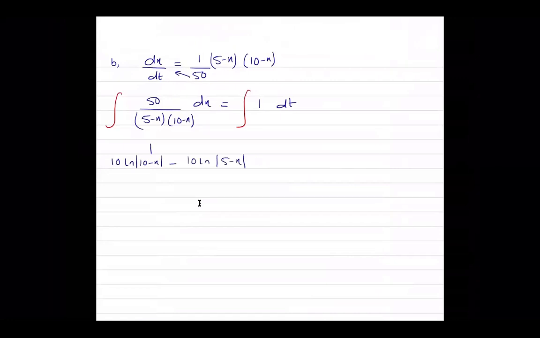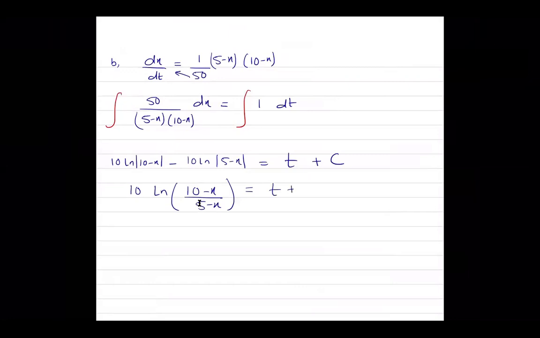I don't need to write plus c over here because I'm going to write plus c at the end eventually. Integration of 1 dt is going to be t plus c. If I take 10 common and solve the log, I'm going to get 10 ln((10 minus x) upon (5 minus x)) equals to t plus c.